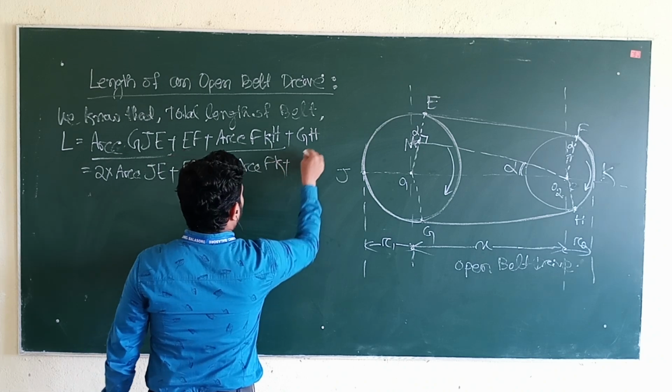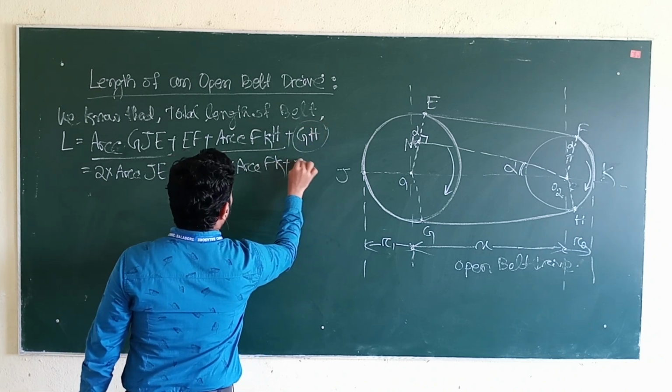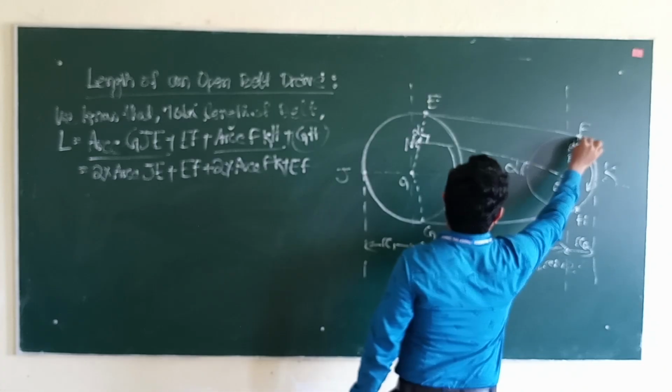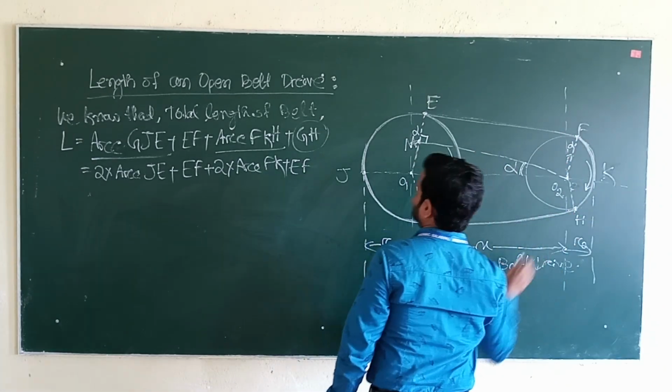In place of GH we can write EF, because from the figure the length of EF equals the length of GH.